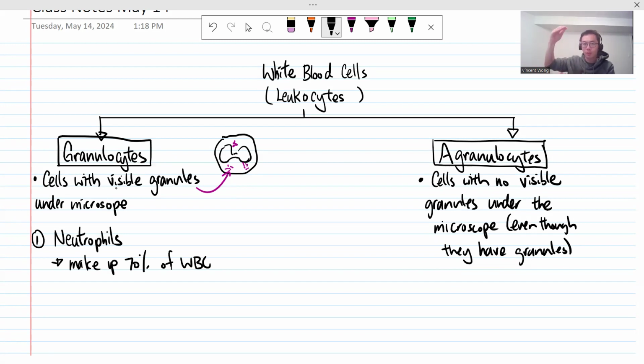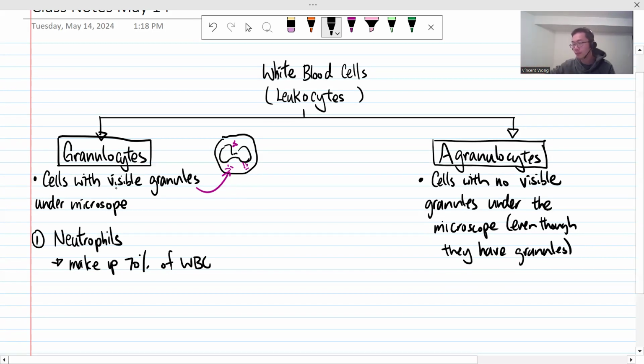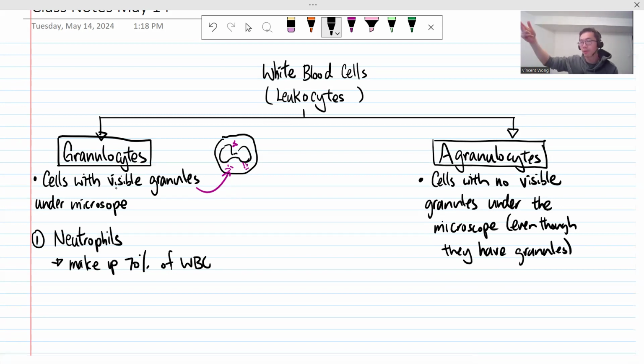If you spin down the blood, how much of it is actually white cells? All of them are 45%, yes? Oh, okay. 45% is white, red, and platelets all together. But what about the white cells alone? Less than 1%. That's right. So in that 1%, 70% of it is going to be the neutrophils.